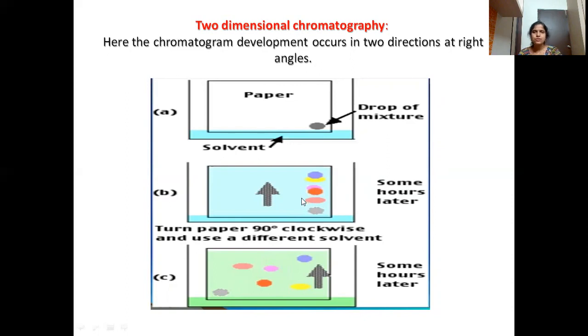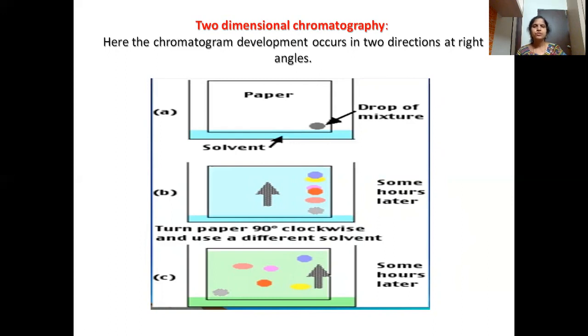So this two-dimensional chromatography is very useful for components which have very near RF values. When the difference of RF values between the components is less, then we can use this two-dimensional chromatography.